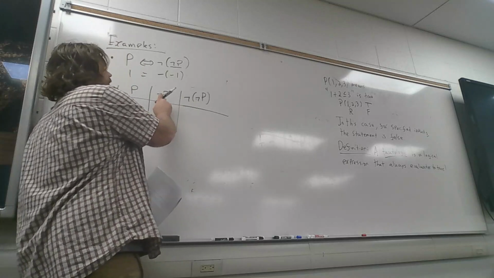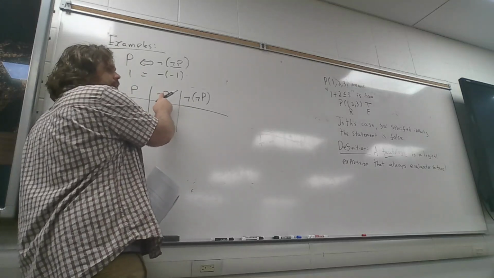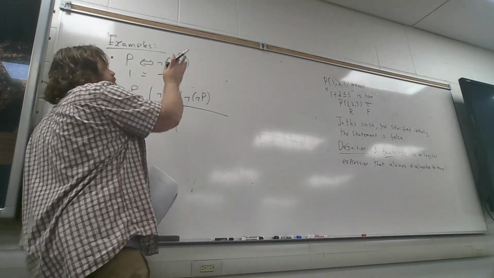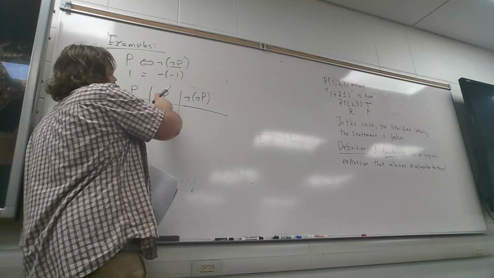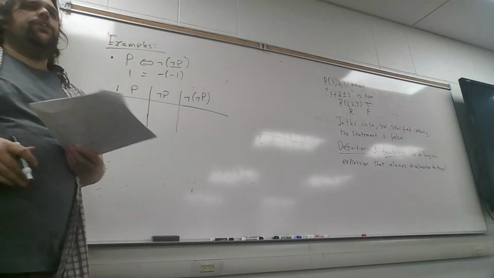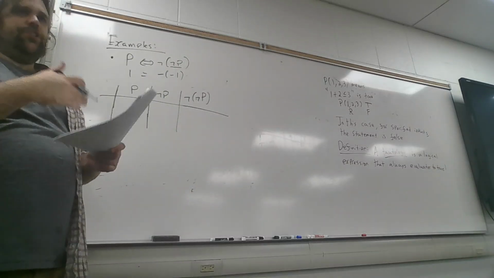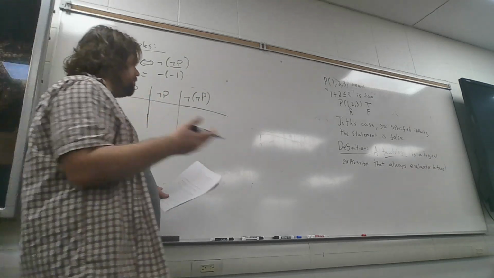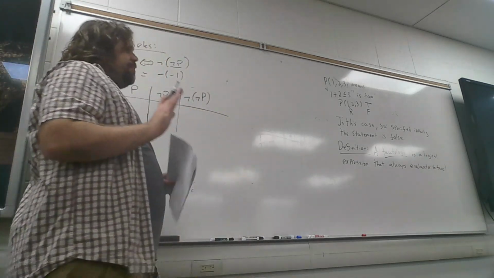So you might not need to write down not P here. For the demonstration of this being true, we're going to do it, but if you're able to do negation in your head, you don't have to write it down to show work. It's okay to just write it down. You better be confident though.